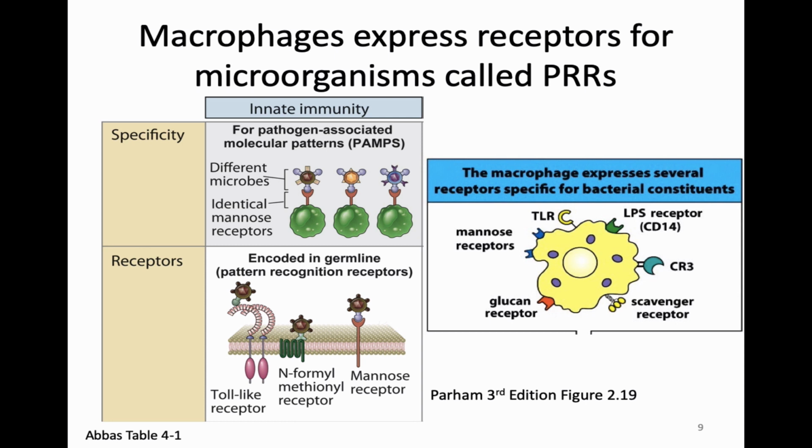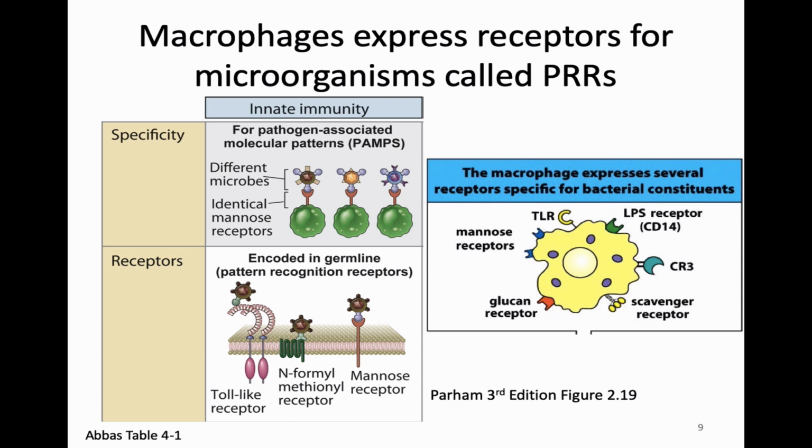And these PRRs respond to parts of microbes. Sometimes people talk about these receptors of the innate immune system as being a bit less specific than receptors in the adaptive immune system. And that is in some ways true, but the idea is what you can see in the upper left here, that we will have one receptor that binds to a molecule that is common to many different microbes.